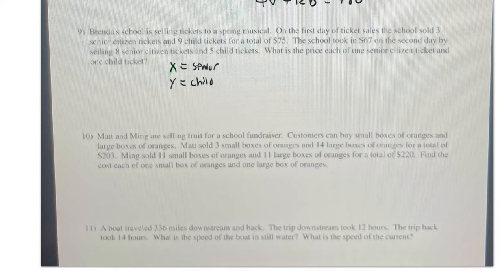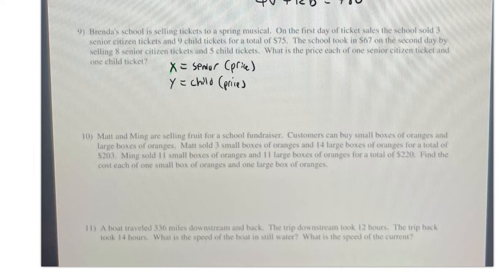you set up an equation where X represents the price of a senior citizen ticket and Y the price of a child ticket. At the end of the day, they want to know the price of one senior citizen ticket and the price of one child ticket. In other words, solve for X and Y. They give us information about how much money they brought in.